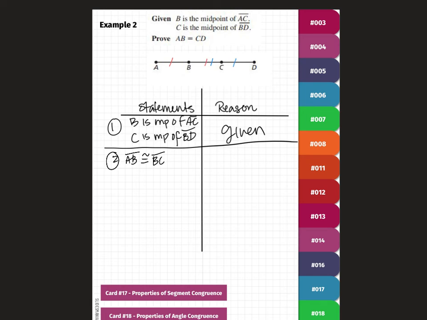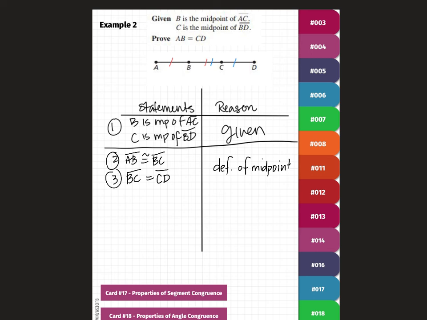And I can also say segment BC is congruent to segment CD. And both of these are definition of midpoint.